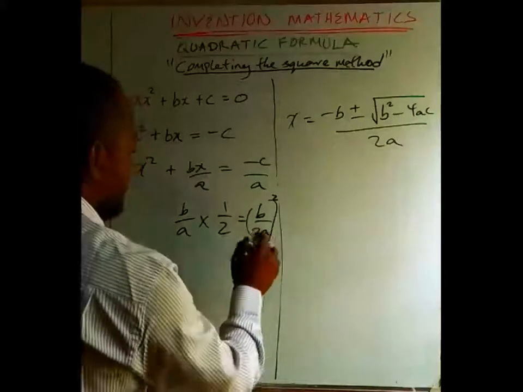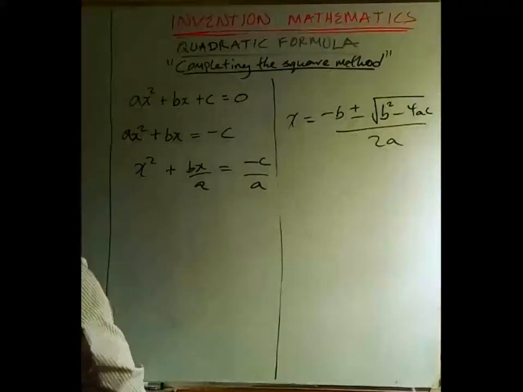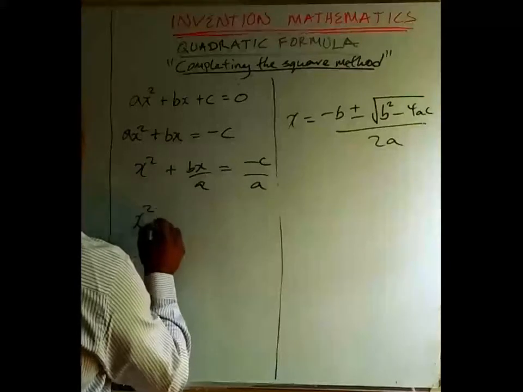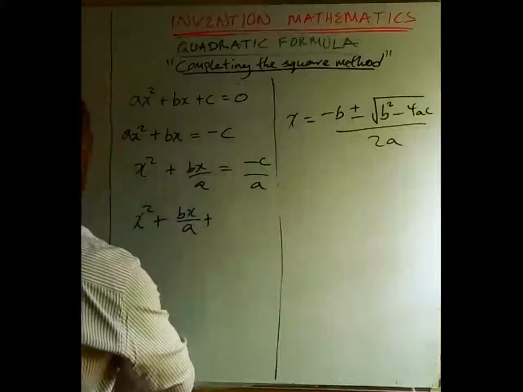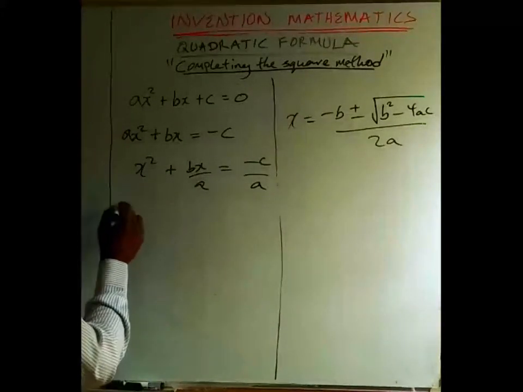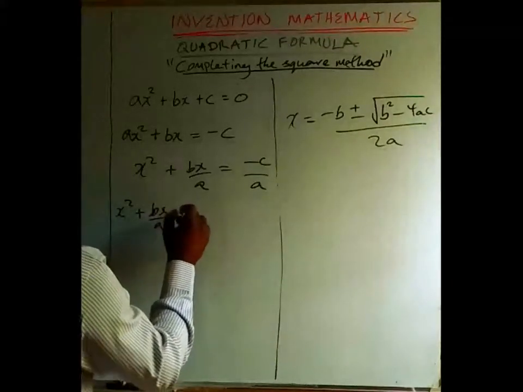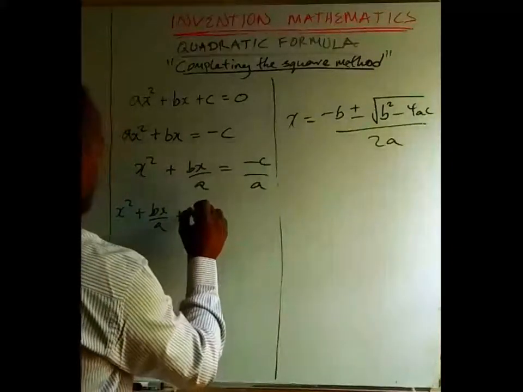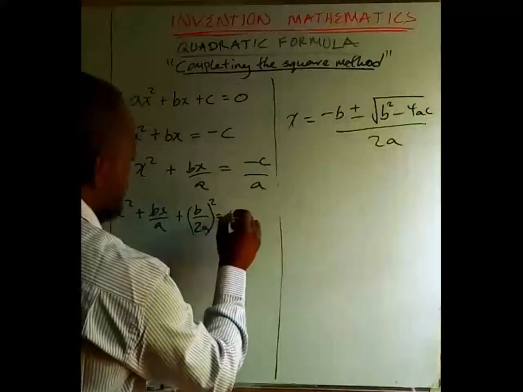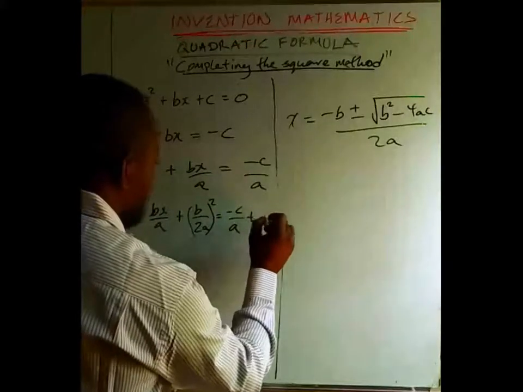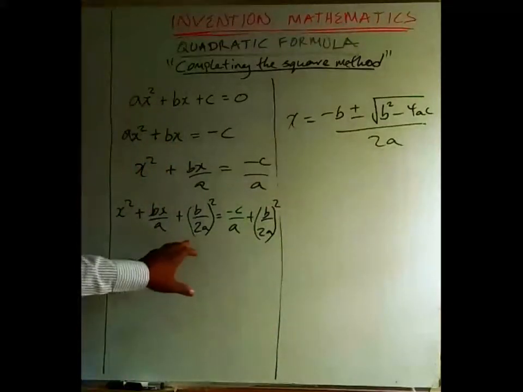So what are we adding? b over 2a, squared. So x squared plus bx over a plus b over 2a all squared is equal to minus c over a plus b over 2a all squared. Add the square here, add the square here.